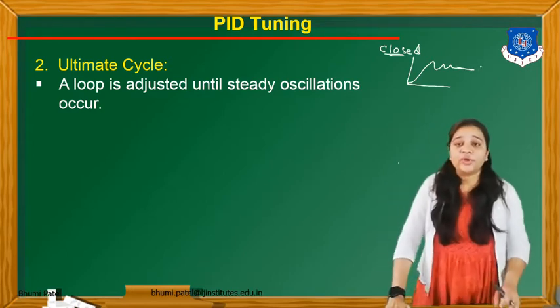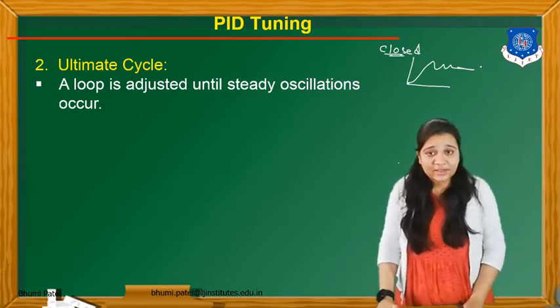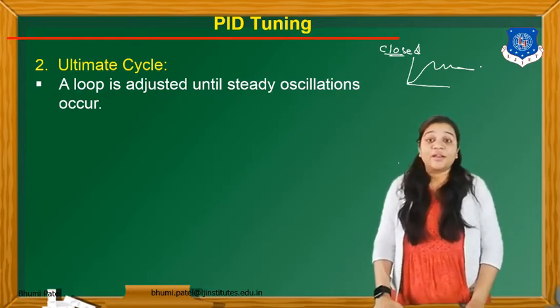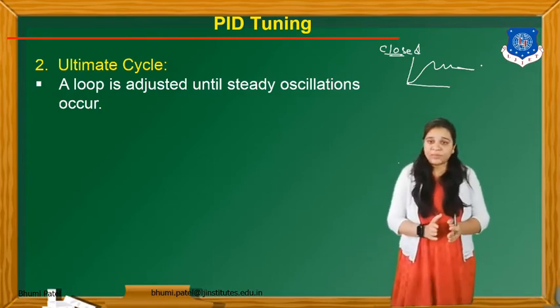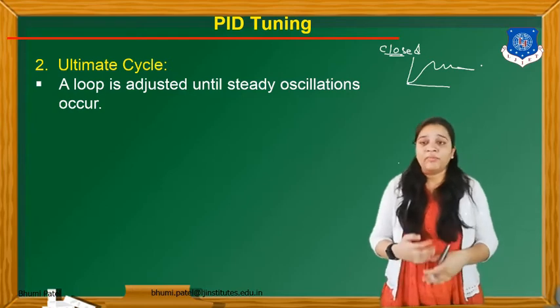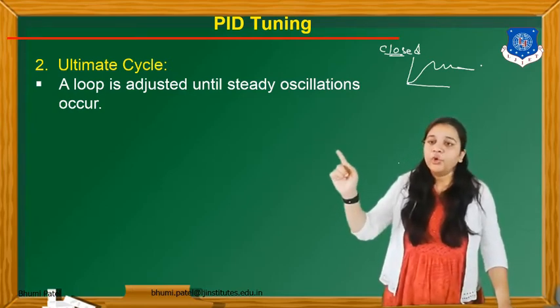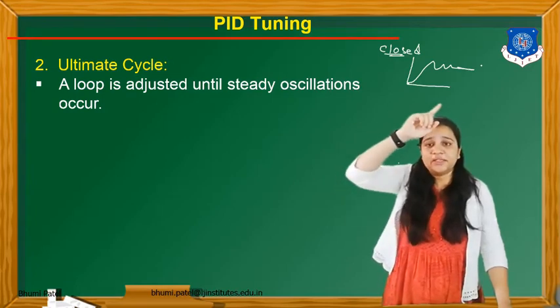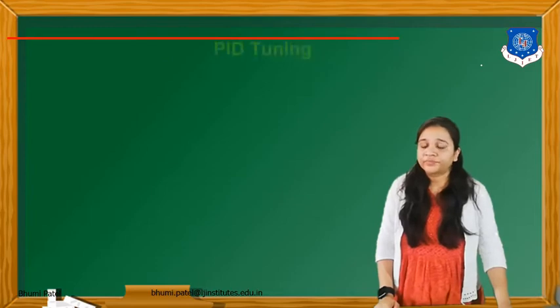As you remember, we have two types of response. First one is the steady state response and the second one is the transient response. In the transient response we can get the maximum error, and in the steady state response we will try to minimize the error. So the ultimate cycle loop adjusts the steady state response until the error becomes 0.